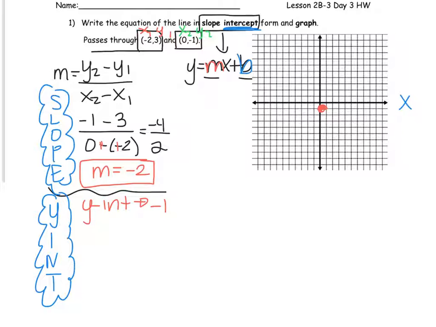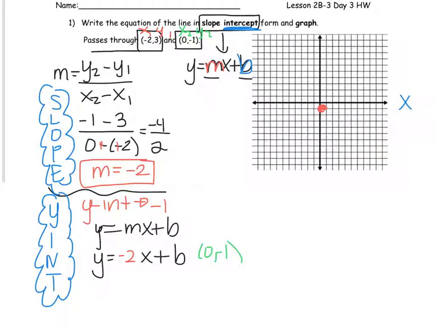Now, if you forgot that, and you wanted to calculate it by hand, you would start with your y equals mx plus b. You would substitute in your slope of -2, and you would also substitute in one set of points. So let's just use this point here, (0, -1).